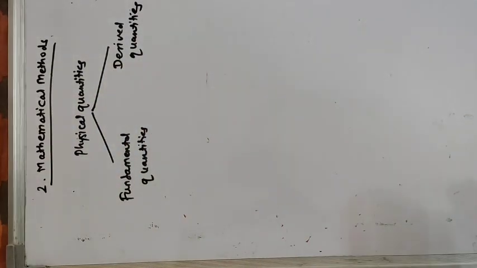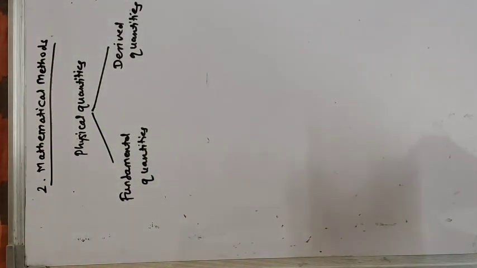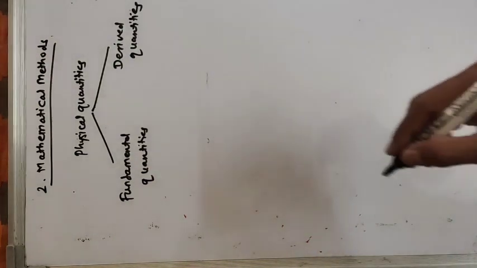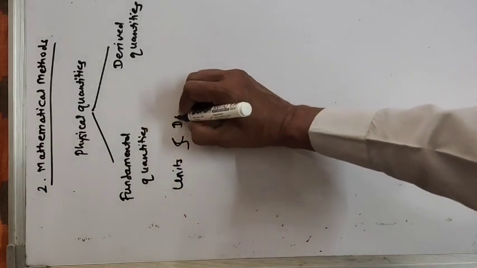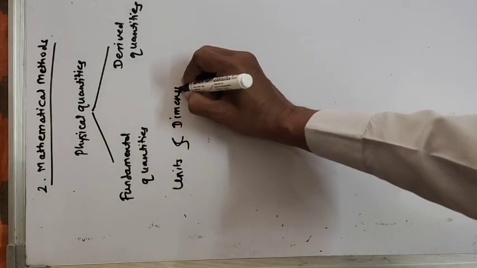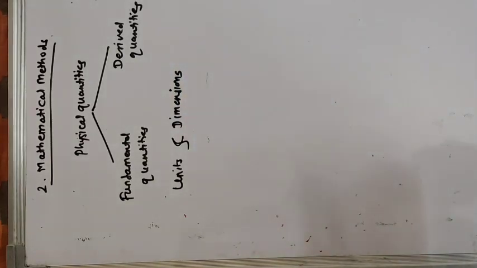What is a physical quantity? A quantity which can be measured is a physical quantity. These two aspects were studied previously, along with their units and dimensions. This was studied in the first chapter.